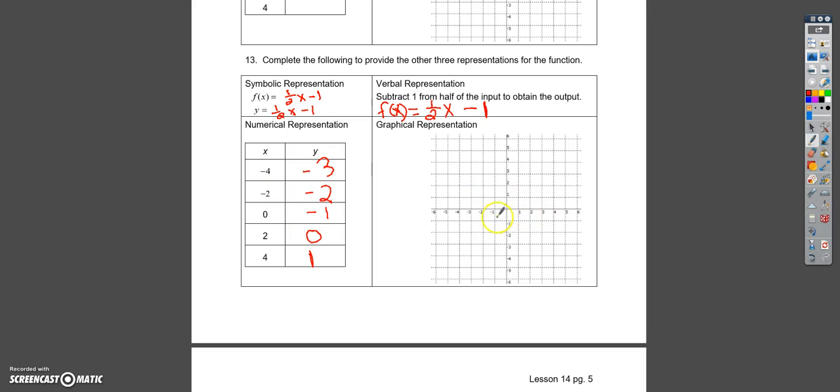Then we're going to graph it. -4, -3; -2, -2; 0, -1; 2, 0; 4, 1. You can see that, yes, it is a function.